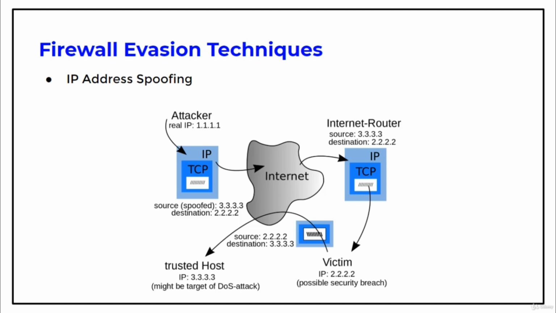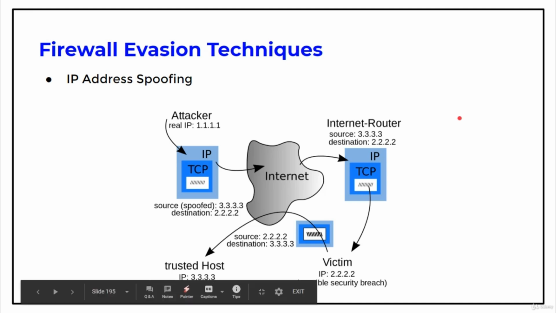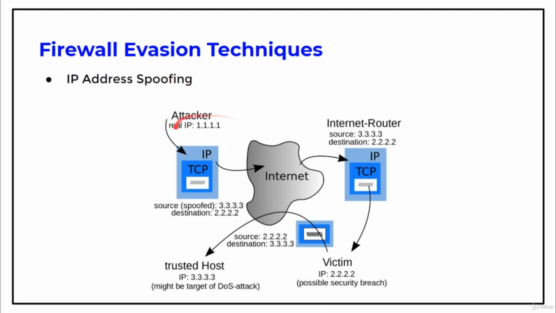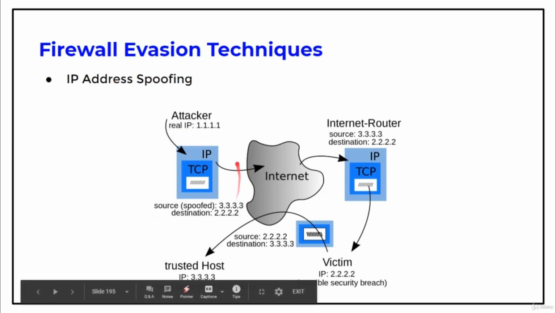Attackers modify the addressing information in the IP packet header and the source address bits field in order to bypass the firewall. Here you can see the attacker's real IP is 1.1.1.1 and the spoofed IP is 3.3.3.3. The attacker intends to send a packet to the victim whose IP is 2.2.2.2.